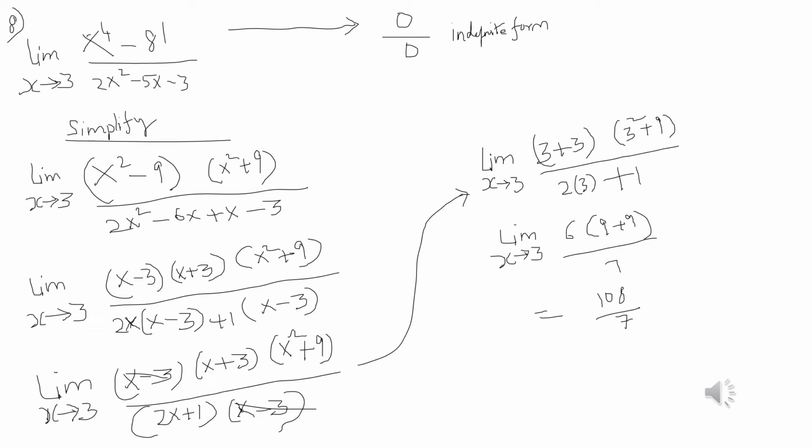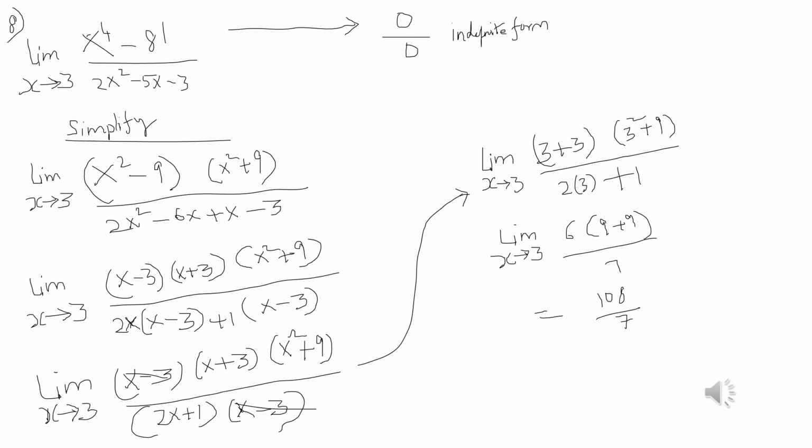Simplifying the denominator, 2x squared minus 5x minus 3, we split it as minus 6x plus x. Again I break x squared minus 9 as x minus 3 into x plus 3.